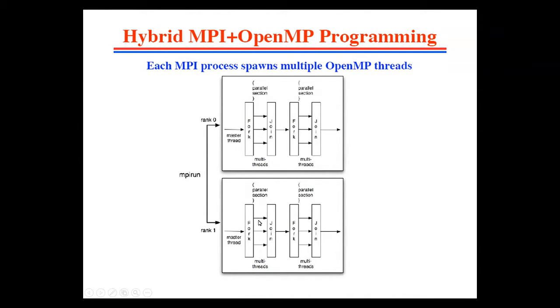Then the other MPI processes do the same thing on another node. So from outside the code looks like MPI code, and within one node it looks like OpenMP code.